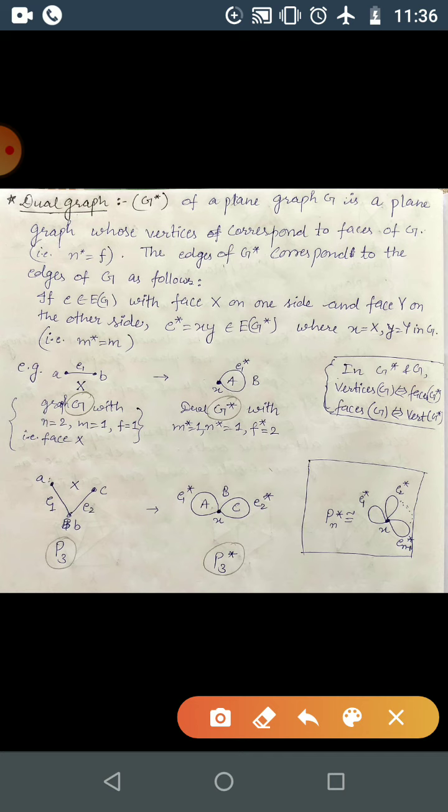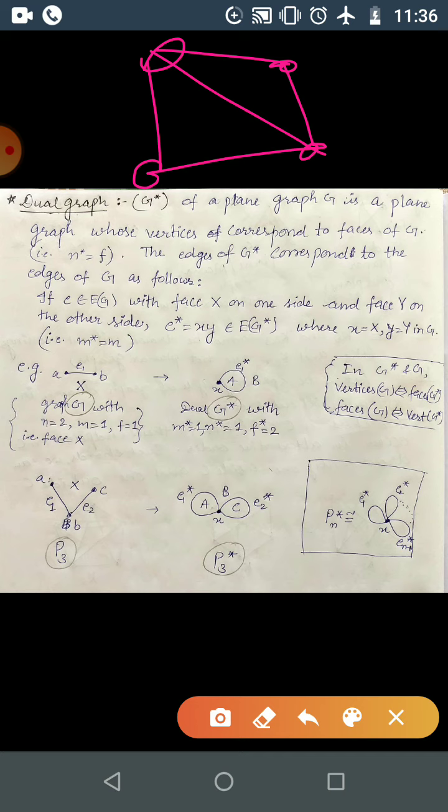Suppose you have this graph. This is a plane graph, a planar embedding of this graph, because it has no edge crossing. It is also dividing the xy plane into three parts, two bounded and one unbounded.